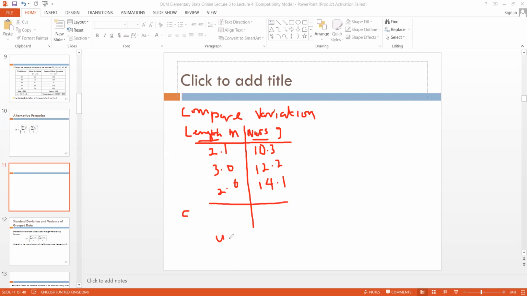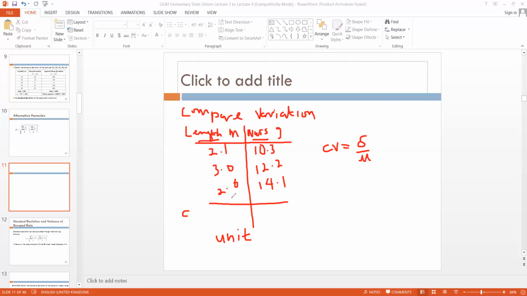The only way to achieve that is by finding the coefficient of variation for each data set, which is the standard deviation over the mean.